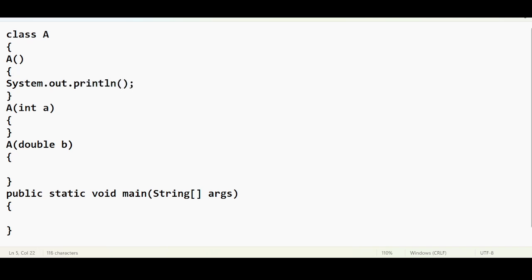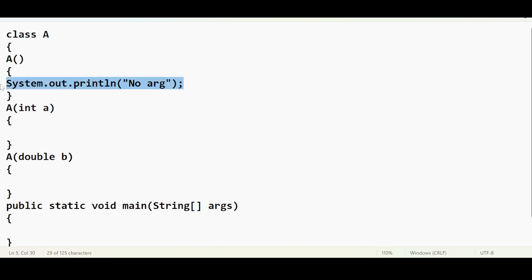System.out.println. But if I have a requirement to transfer the control to a specific constructor, how can it be done? That is the question. We have discussed these things already, but just for clarification I am explaining this. This is our constructor.